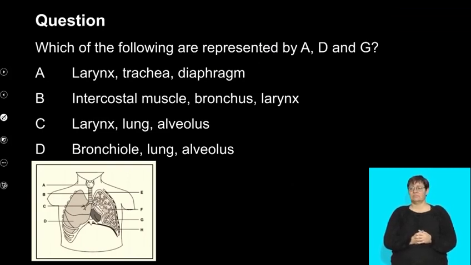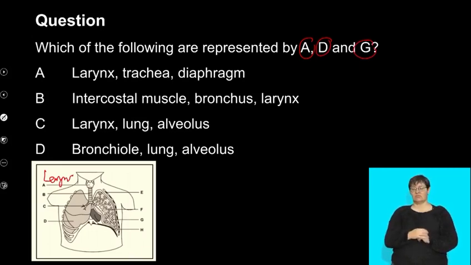Okay, let's have a look at a few of the types of questions that we could have when we're looking at this section. I've started off with a multiple choice question, and the question is, which of the following are represented by A, D, and G? If we go and have a look at them, A is going to be my larynx.